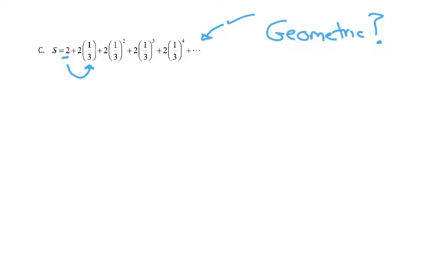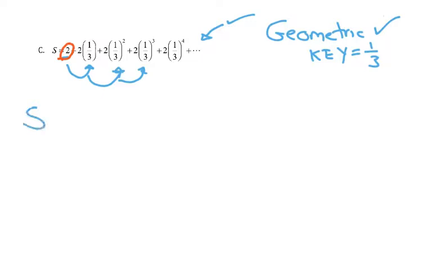I multiplied the number 2 by 1/3, and then I did that again to get 2 times 1/3 squared, and again. So yes, this is a geometric sum, and the key, what is it? It's 1/3. However, the first term is different.